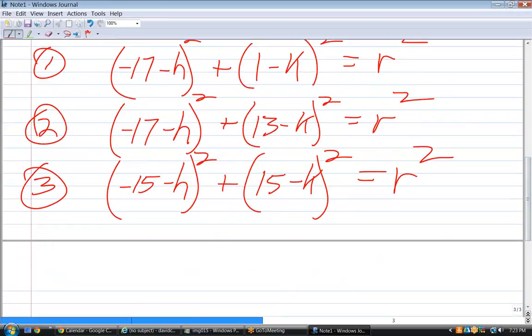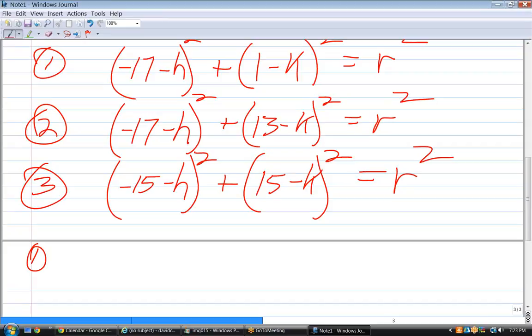So let's write equation number 1 again. Expand it. What do you mean? We've got terms that are squared here. For us to solve this, we've got to expand it. I've got to expand minus 17 minus h squared, and then do the same thing to 1 minus k squared.